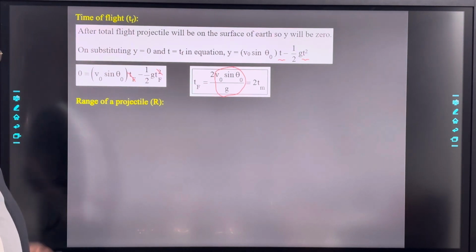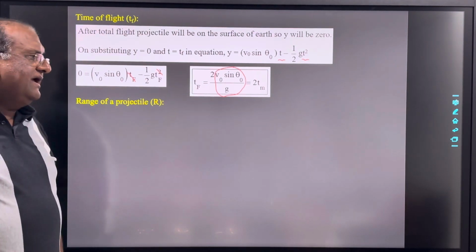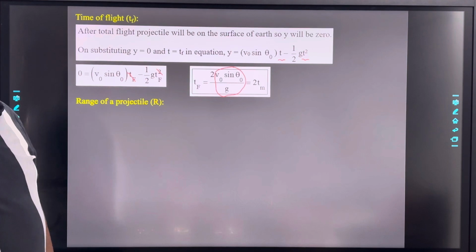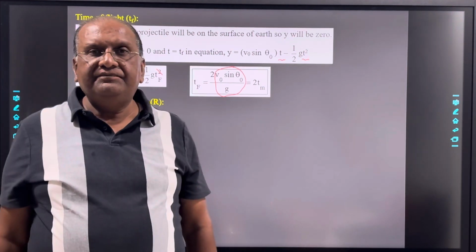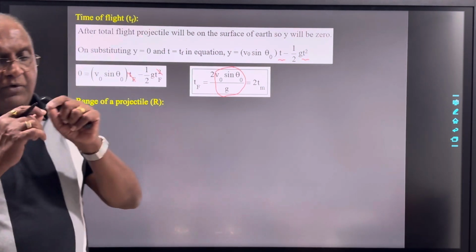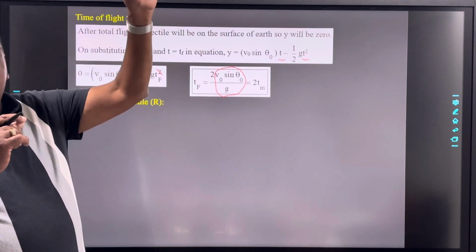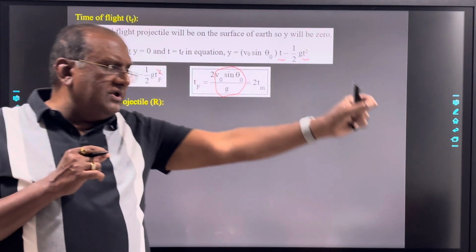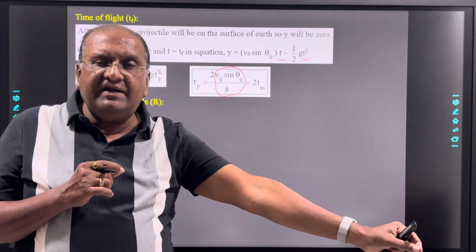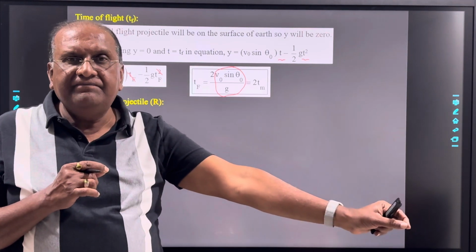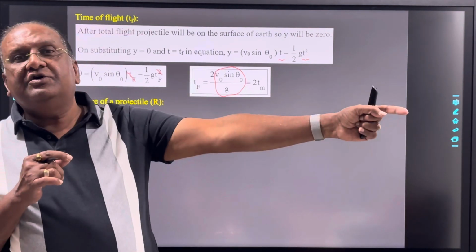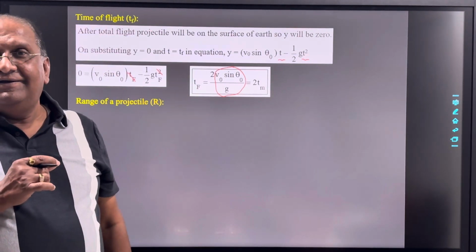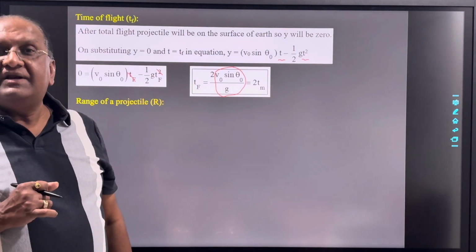Now next is the range of the projectile. Range of projectile means what? The point from where it is projected to the point on the ground where it falls, right? This total horizontal distance covered is called the range.